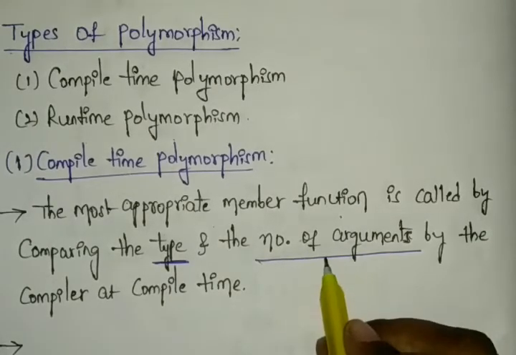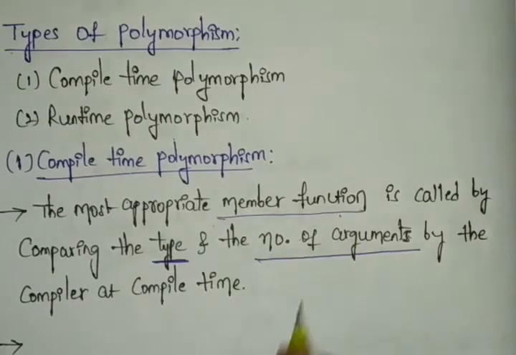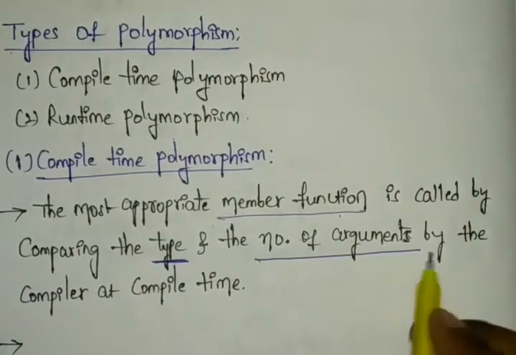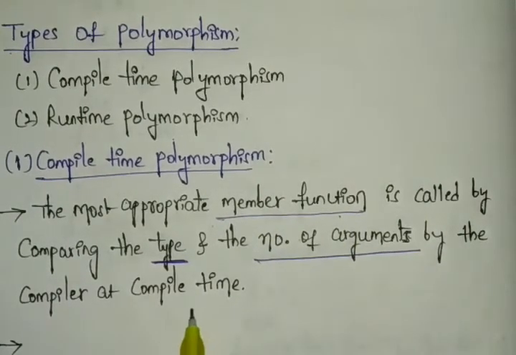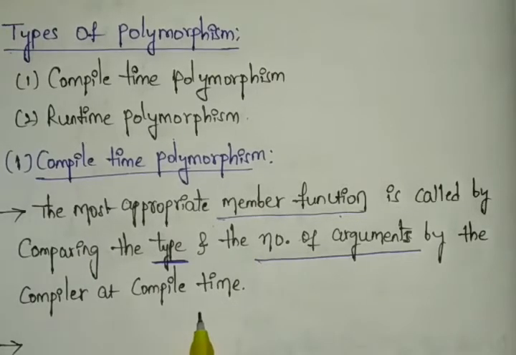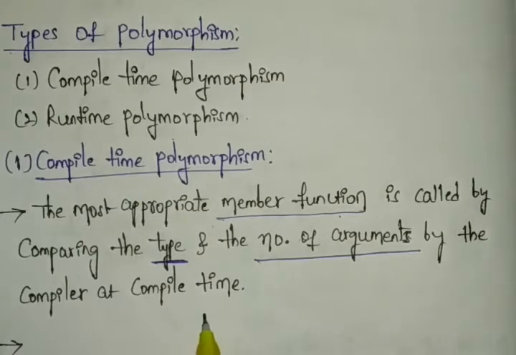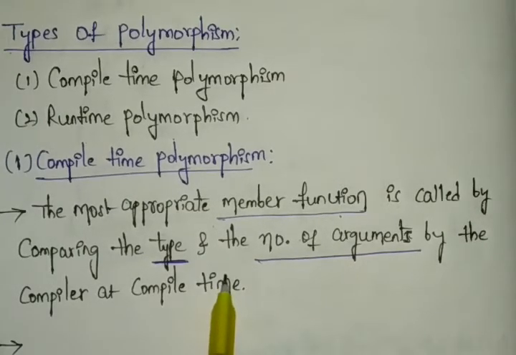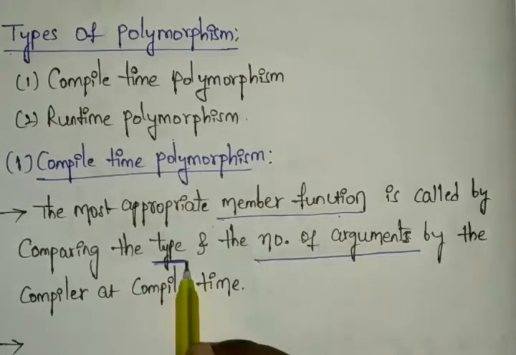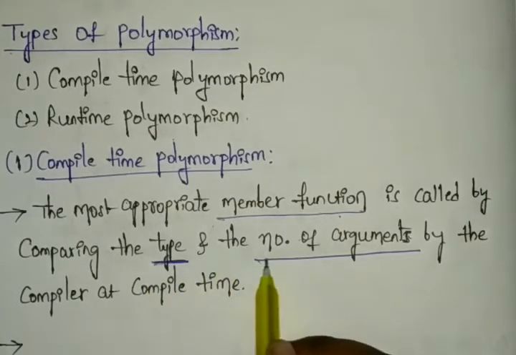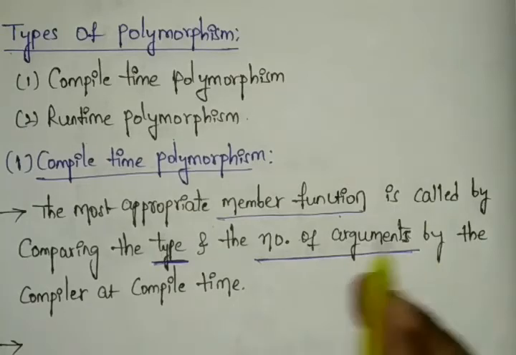We pass these parameters to our functions. Then our compiler works at compile time. Whenever you're compiling our program, it checks and compares which data type you used and how many arguments you used.